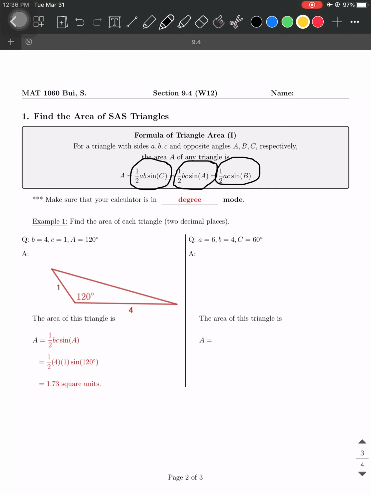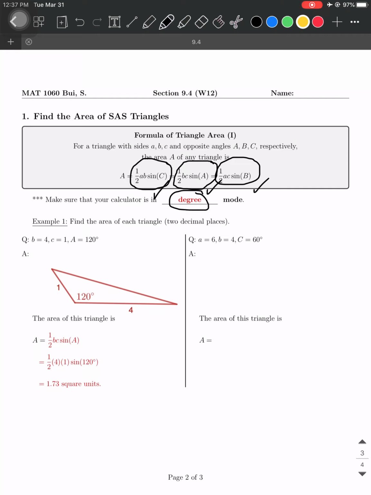They all have the half in each of them, and there are two given sides and then the angle in between, and then you also have to use the sine function in there to make the formula complete. Okay, and it depends on whatever the problem gives you to know which of the three formulas you're going to use.